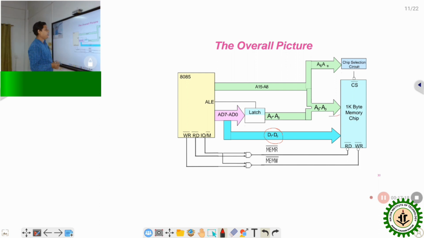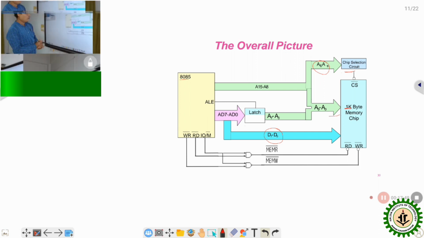And if there are any unused lines, for example, if 1 kilobyte of memory is present, as the 8085 microprocessor has 16 address lines, 6 address lines will be unused. Those 6 address lines are to be connected with the chip select signal of the memory. So that's how the complete memory chip is interfaced with the 8085 processor.